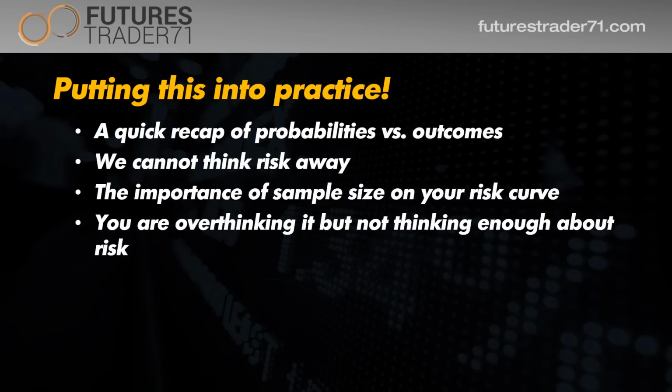Period. So when we're looking at probabilities, I have a 97% probability win rate on a system. 97%. Wow. I should take out every loan I can. I should go mortgage my house and put it all on the very next trade because I'm winning 97% of the time. I'm going to win 97% of the time. False.